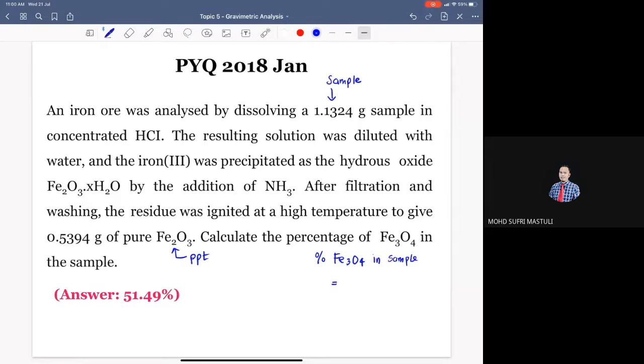The percentage, so you should know the mass of Fe3O4 over mass of sample times 100. So you have to calculate the mass of Fe3O4 from the precipitate of Fe2O3.